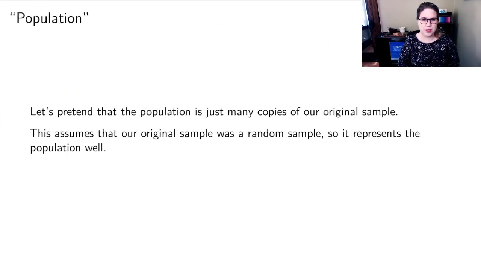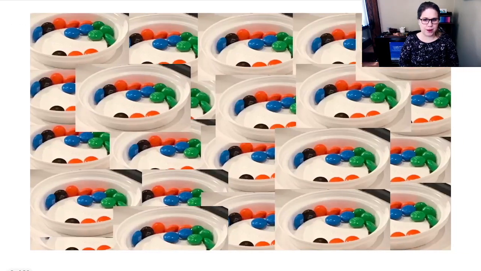What I would do is pretend that the population is just many copies of my original sample. This makes the assumption that my original sample was a random sample and therefore it represents the population well. If I was thinking about my 1 pack of M&Ms, here's how I might imagine the population.